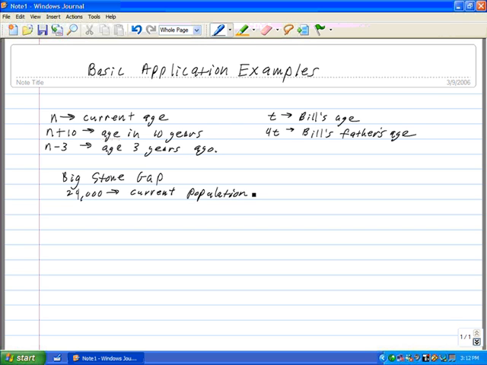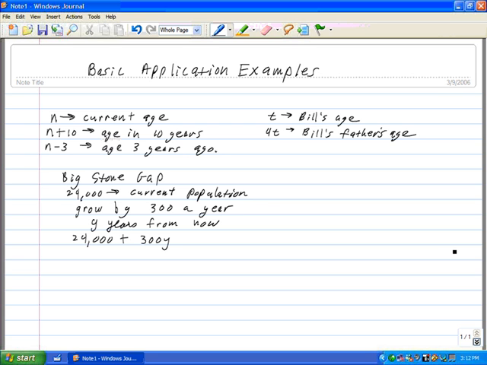And let's say that that population is going to grow by 300 people a year. If we want to represent their population Y years from now, then the expression we would use would be the 24,000 that they have now plus 300 a year times Y being the number of years.